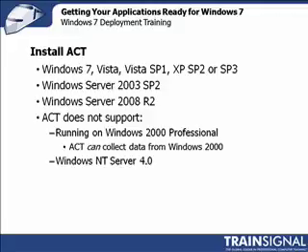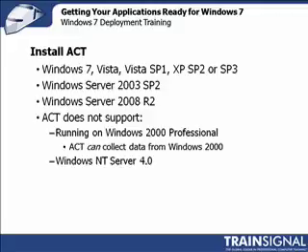Installing ACT can be done on Windows 7, Vista, Vista SP1, XP SP2 or SP3 workstations, Windows Server 2003 SP2 or 2008 R2. ACT does not support running on Windows 2000 Professional, although it can collect data from a Windows 2000 Professional machine.